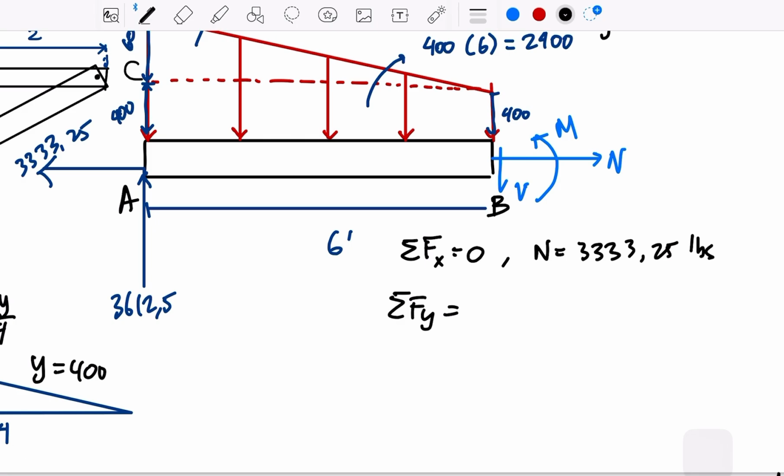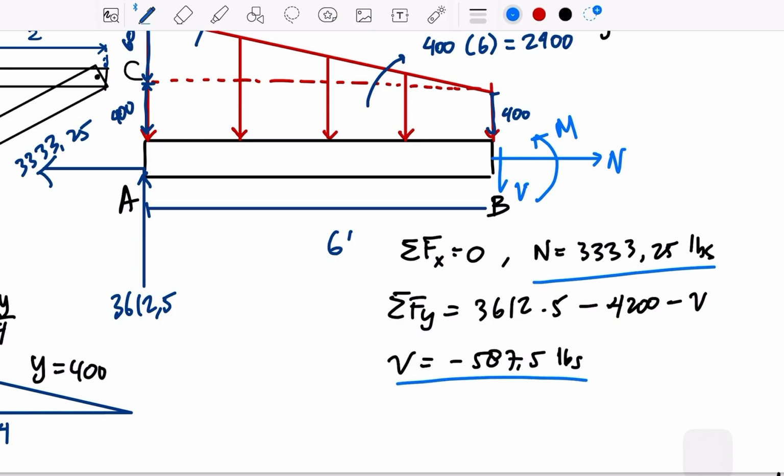So we can use this 3612.5 minus 4200, and minus the V, and V or shear you can calculate, just subtract both of them. Okay, so we get this and this.